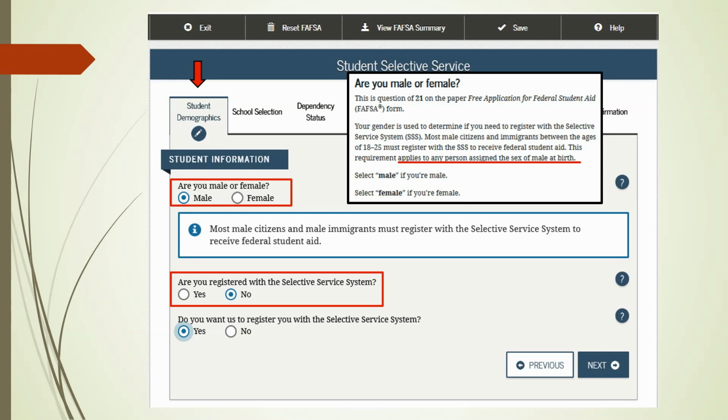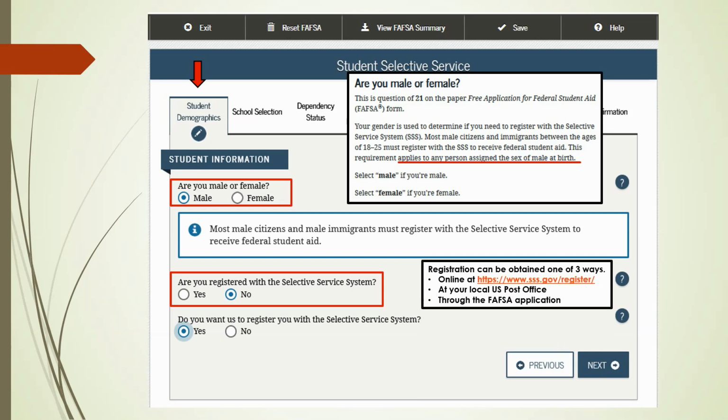So the Selective Service, which is a lot of people know as the draft, was the ability for the federal government to call up students or young men in a wartime scenario. The draft has not been used since the early 1970s, and it's unlikely that it would be used again, but it is a requirement for financial aid that males be registered with Selective Service.